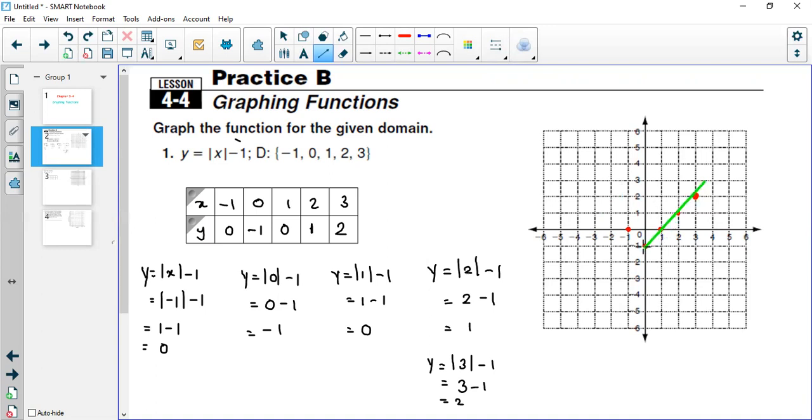So you need to join it this way. It should be in the shape of a V. Now be precise and try your best to join it as neatly as possible.